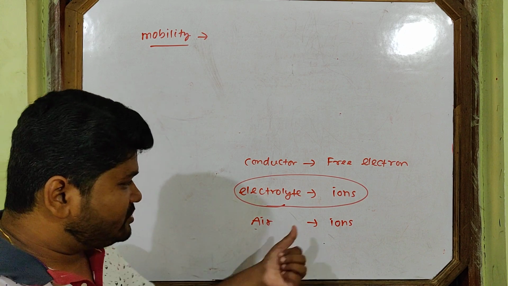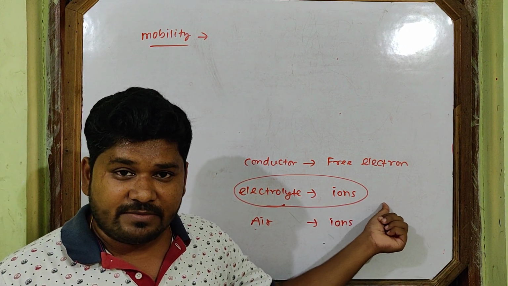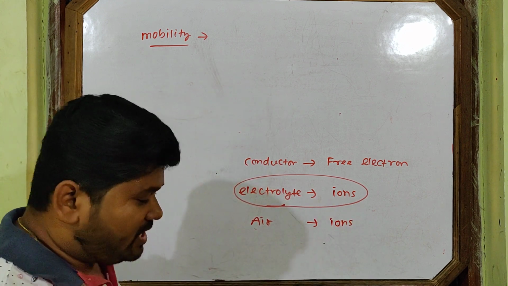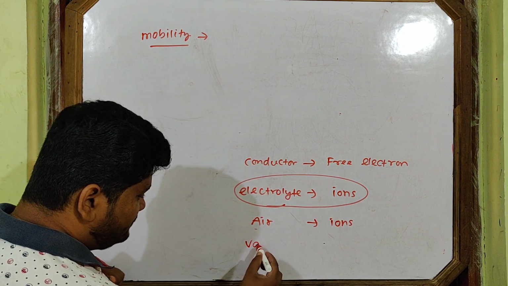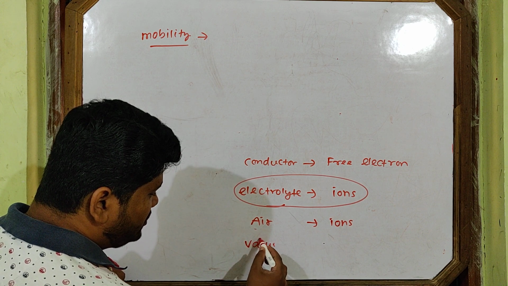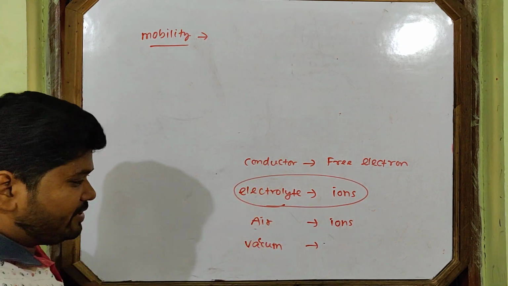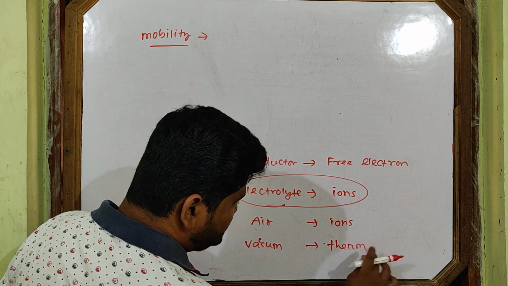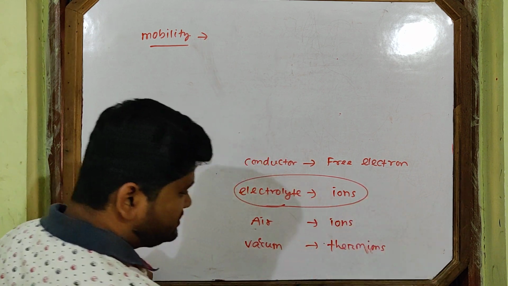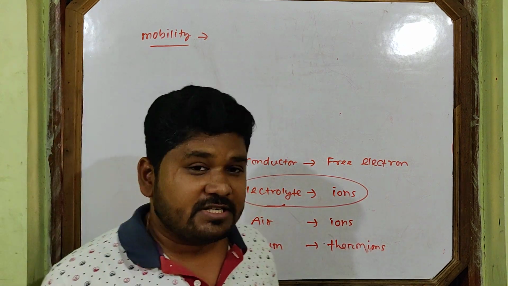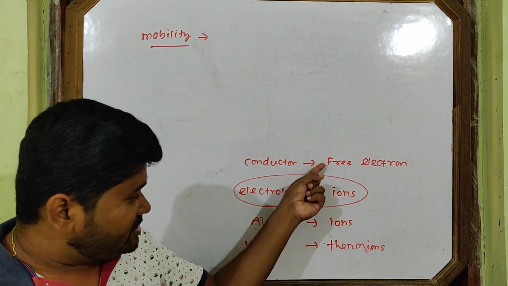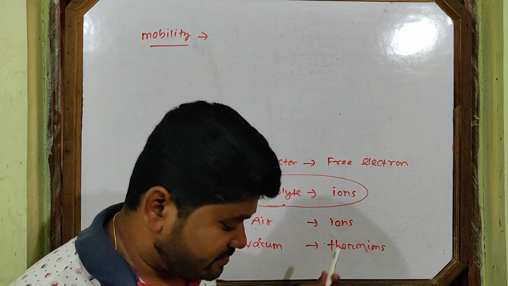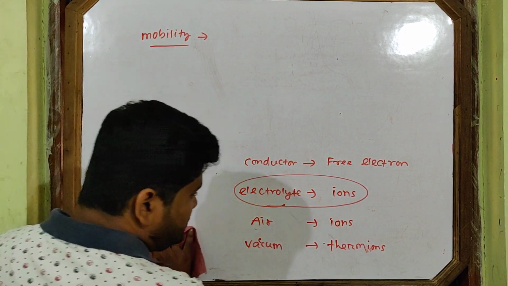Once this question came in a board exam: what are the charge carriers in an electrolyte? Ions. In vacuum also current flows. What are the charge carriers there? They are thermions. Thermions are the charge carriers in vacuum. Remember this one. So this is about charge carriers.